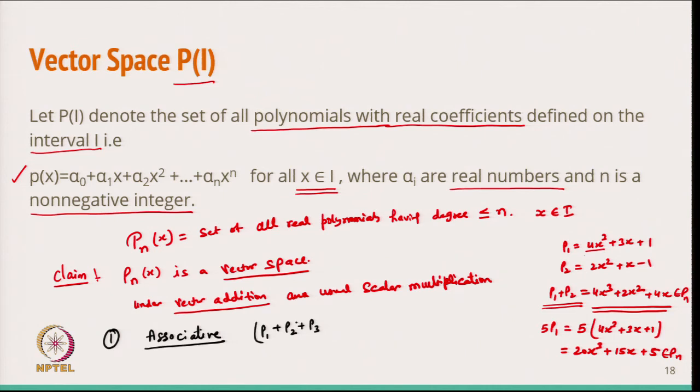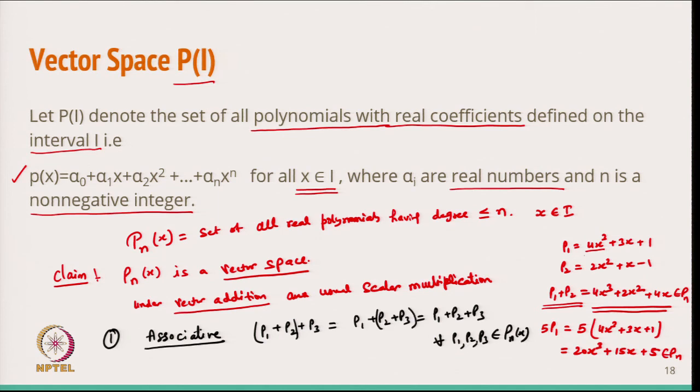So, P1 plus P2 plus P3, whether I add P1 and P2 first and then add P3, or add P2 and P3 first and then P1, all are the same for all P1, P2, P3 belonging to P_n(x). Okay.